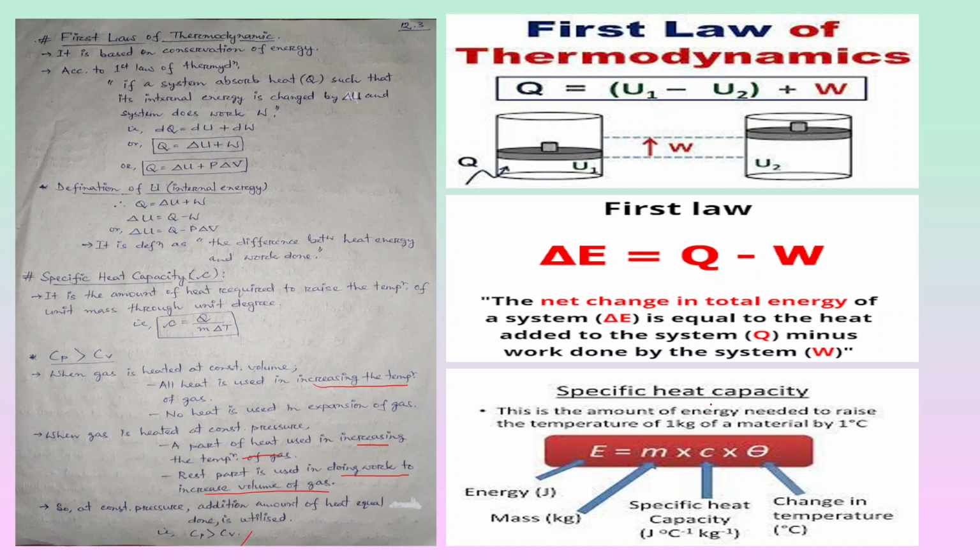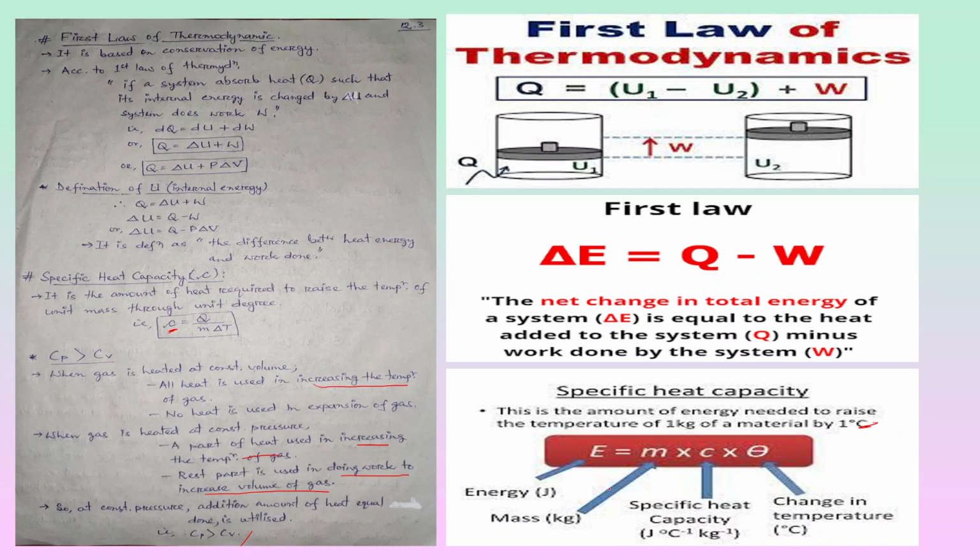And you see here, specific heat is the amount of energy needed to raise the temperature of 1 kg of a material by 1 degree Celsius, and this is the relation for specific heat. Specific heat is equal to Q, the amount of heat or energy, divided by the mass of the gas and the change in temperature.